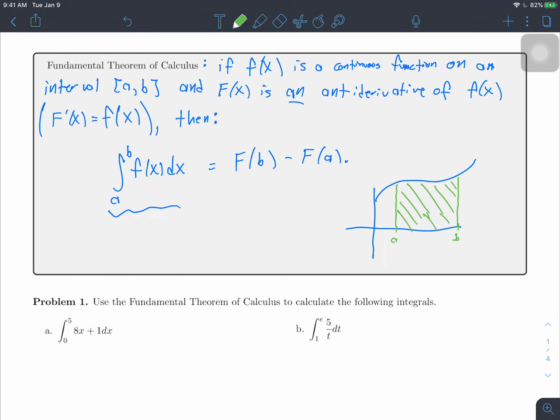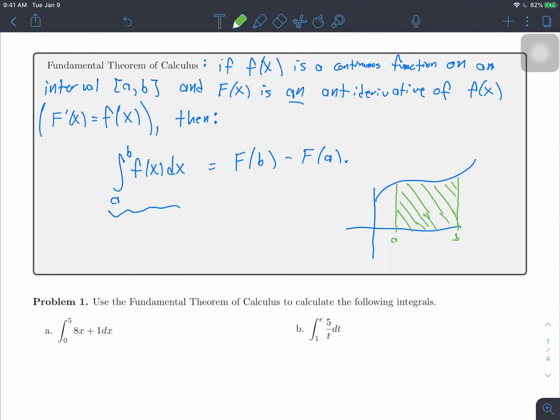Before, we had to do this god-awful process of taking rectangles and approximating the area and then just using more and more and more rectangles and doing the same thing like 10 times over and hoping that we see a pattern, that this is leading to some number.